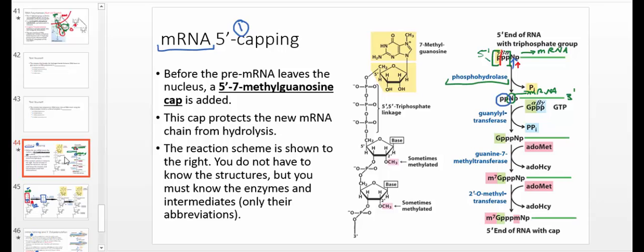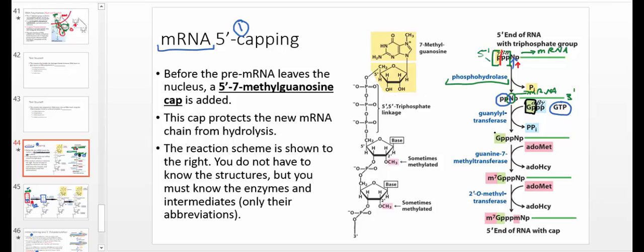So the substrate for this particular reaction, which you do need to know, is called GTP. GTP is just another ribonucleotide triphosphate that we have floating around the nucleus at this point. And essentially what's going to happen is a guanosine monophosphate, the guanosine monophosphate part of GTP, is this right here. This guanosine and phosphate are going to get transferred onto the diphosphate.